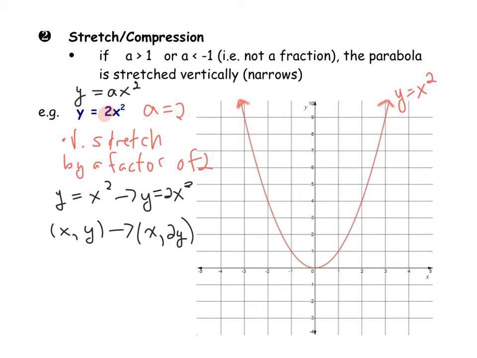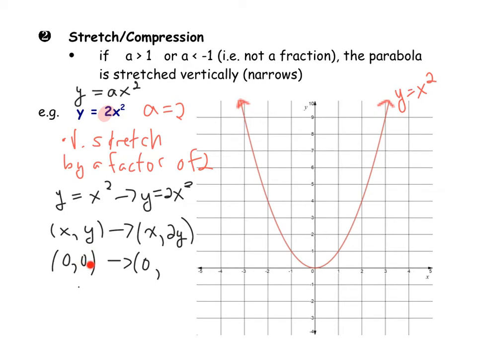So I'm going to start with some of my basic coordinates, and sometimes you need to expand on them in order to get enough of the graph to be able to sketch it accurately. So I'm going to go 0 and 0. And so my x value is not changing, but I'm going to multiply my y coordinate by 2.